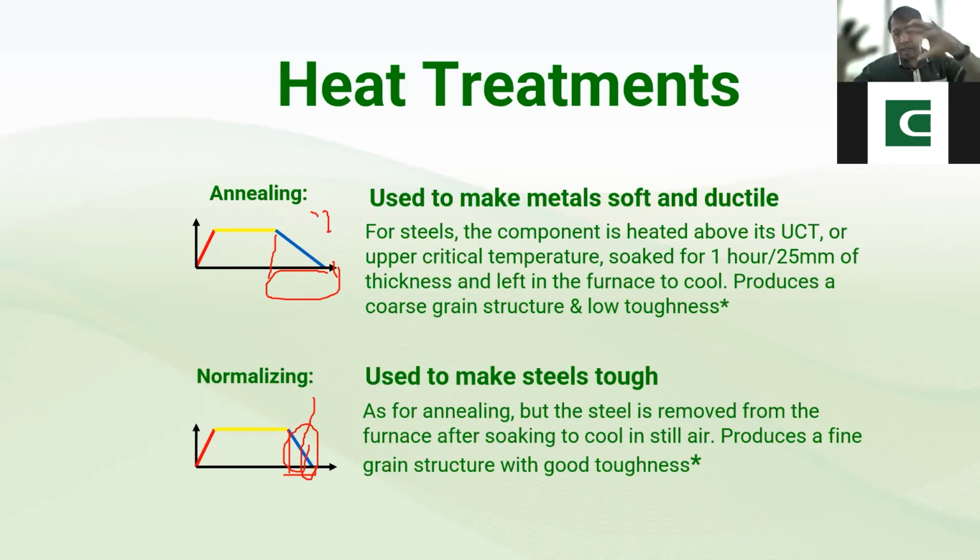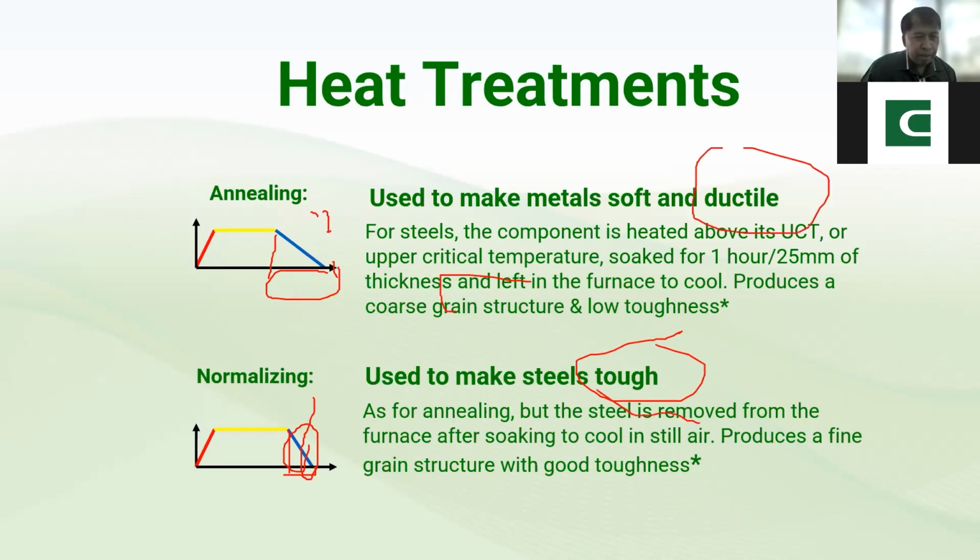Habang nakalagay pa rin yung ceramic fiber insulation, patayin mo na yung mga heater, palamigin mo on ambient temperature. Ano nangyayari sa ating bakal? Tough material. Magkaiba yung ductile sa tough.